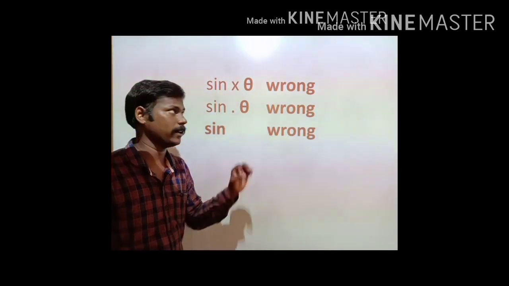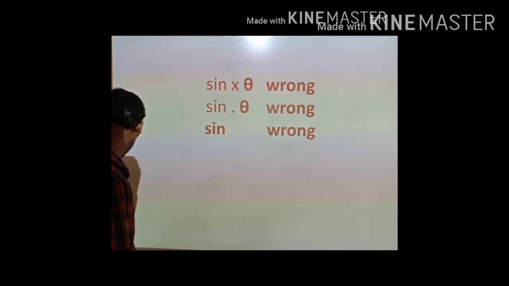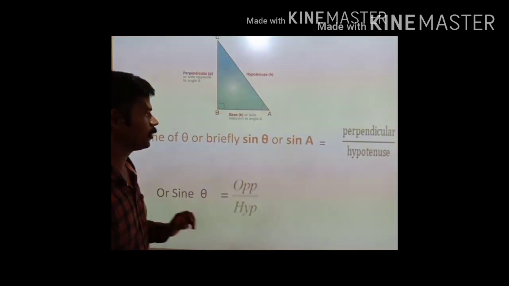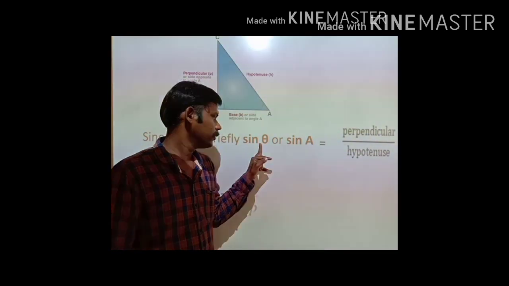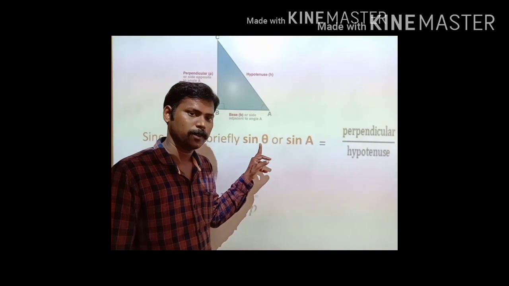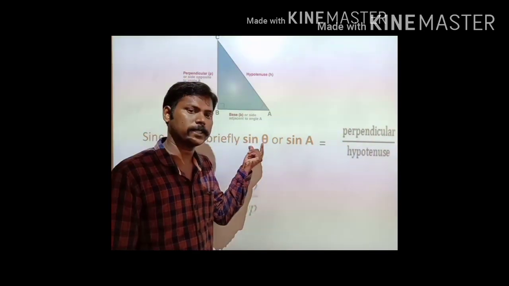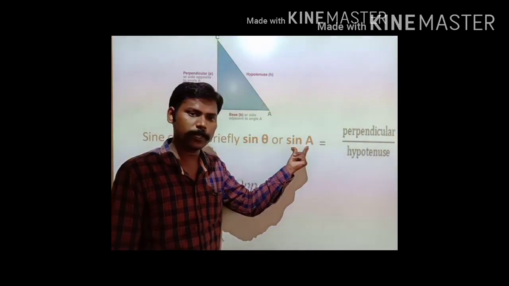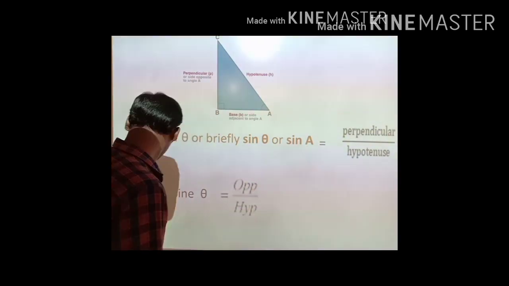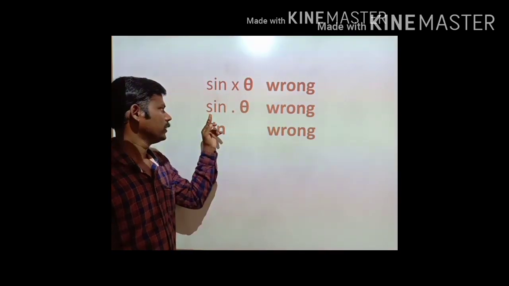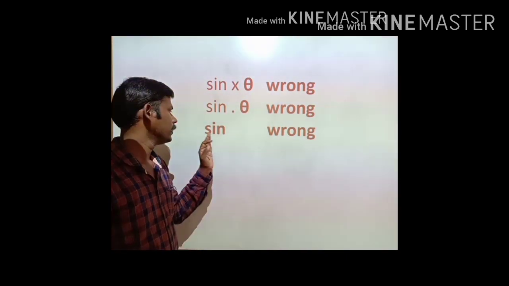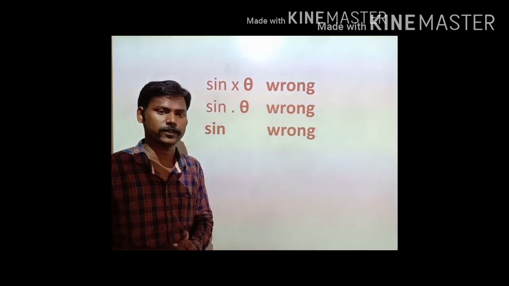Whenever you write sine theta, note it down as sine theta or sine A. Give a small space, but don't put any dot or cross symbol without angle. Sine theta means sine theta like this. Sine A means sine A like this. But don't write what I already said: sine into theta is wrong, sine dot theta is also wrong, only sine is also wrong.